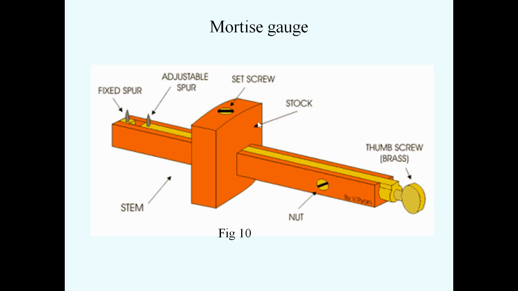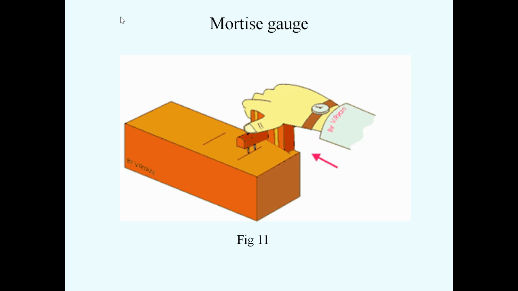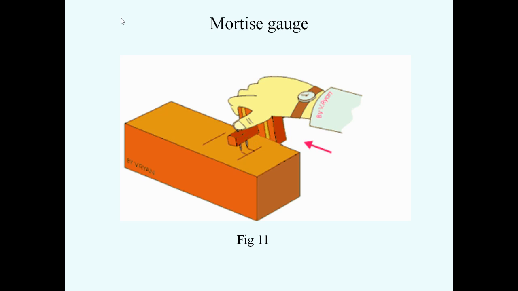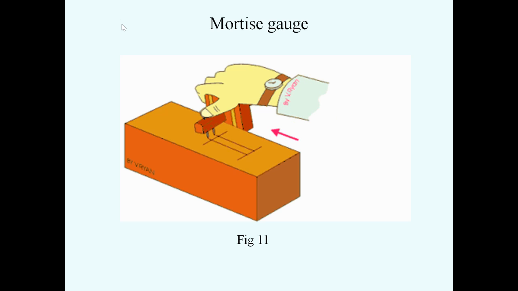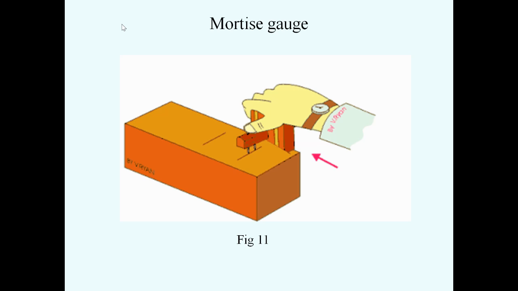Here you can see the different parts of the mortise gauge: stem, nut, thumb screw or brass, stock, set screw, adjustable screw, fixed screw. See the usage of the mortise gauge.